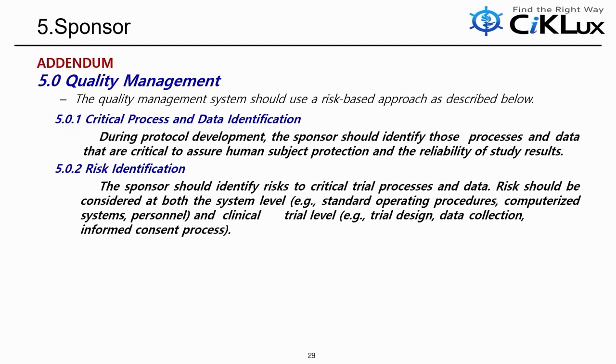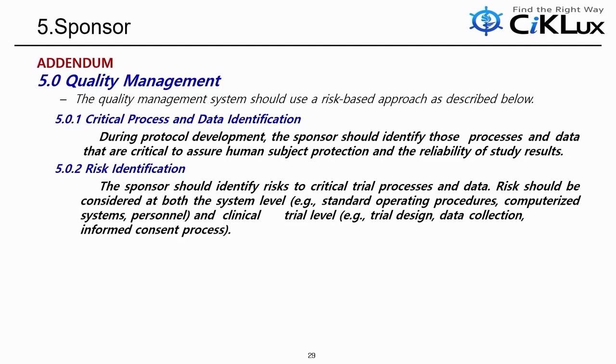Then the risk identification needs to come. What would be the risk factors that impact such critical processes and data? So far we have focused on the clinical trial level: whether the design is appropriate, whether there is any missing data, or whether the informed consent obtaining process is appropriate or not. These were the risk factors that we identified.